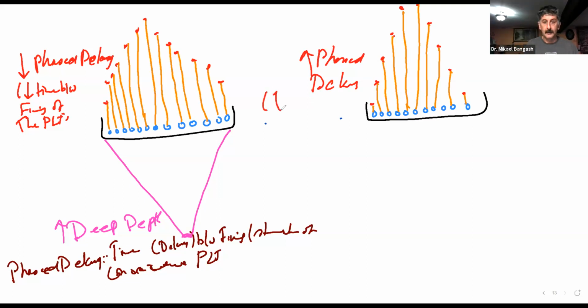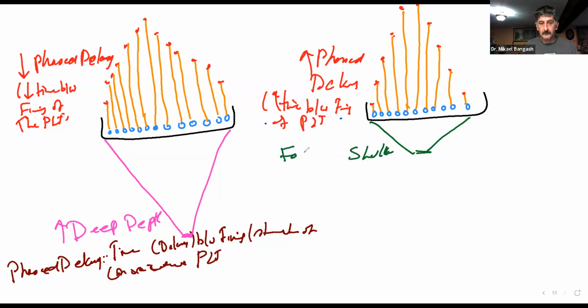Which means great or more time between firing of PCTs. That would actually cause the beam to focus at a shallow depth.